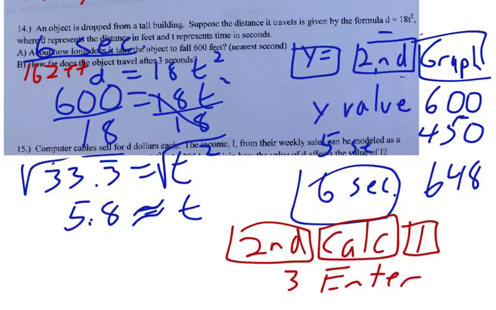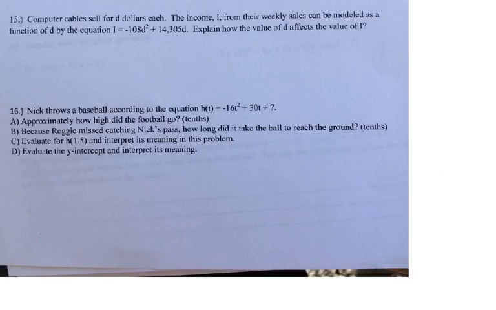All right, number 15 is next. 15 you really shouldn't need a calculator for. I'm just going to draw a general sketch of what this one's going to look like. This is my D value. So D is really representing the X, and then my I is representing my Y. So I know the I is going to be the vertical part, the D is the horizontal part.